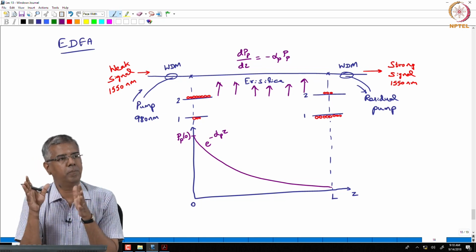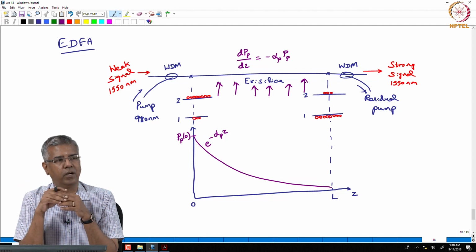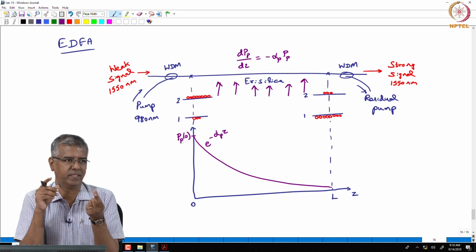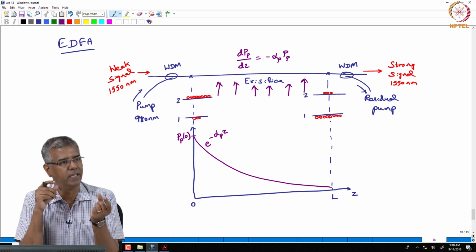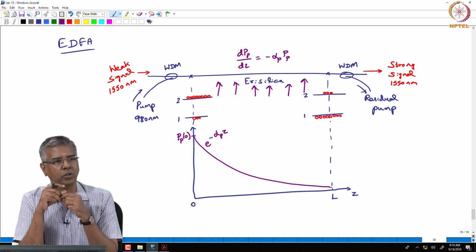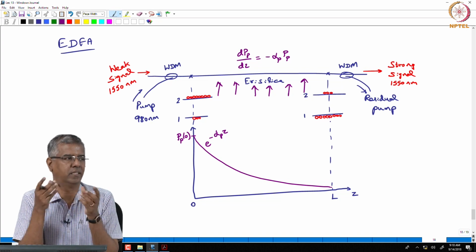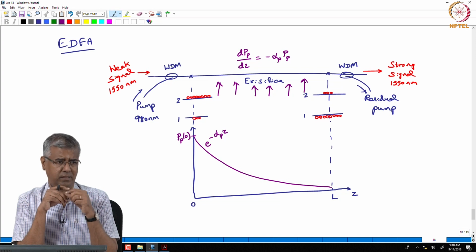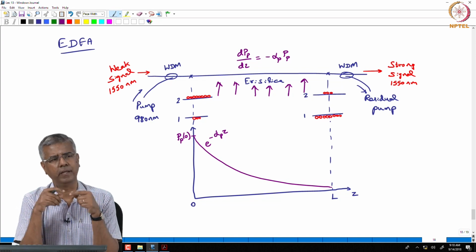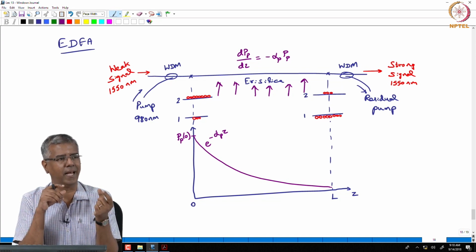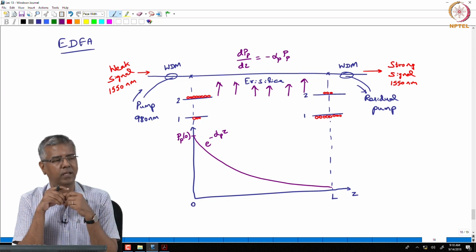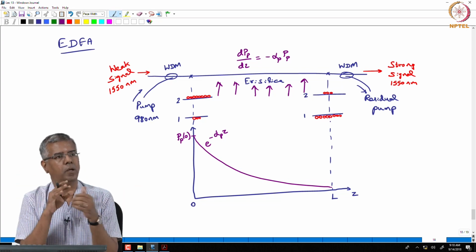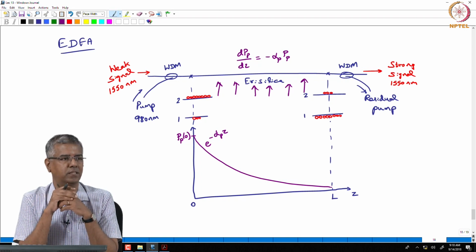Now, the situation may be very different if you are talking about some erbium crystal, erbium doped into a glass crystal, a bulk glass. You can have a cylindrical glass rod, for example, in which this rare earth ion is doped, and you can excite it from the sides.